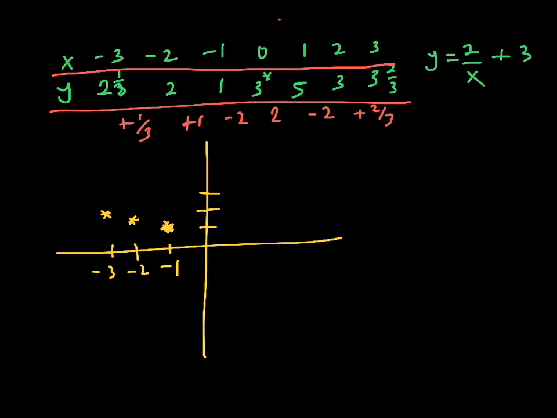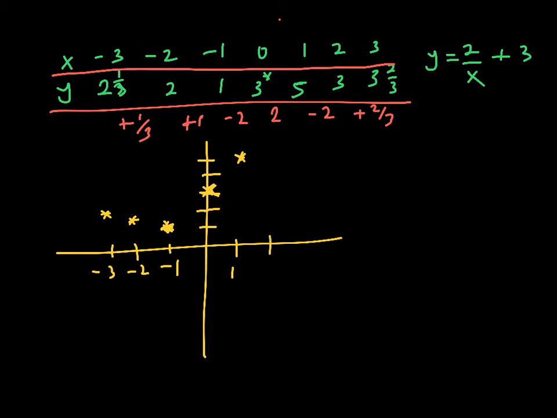So this is 0 and then +3. Then when x is 1, y is +5. So if this is 4, and that is 5. So when x is 1, y is what? 5. Okay, so we're going to mark that point.